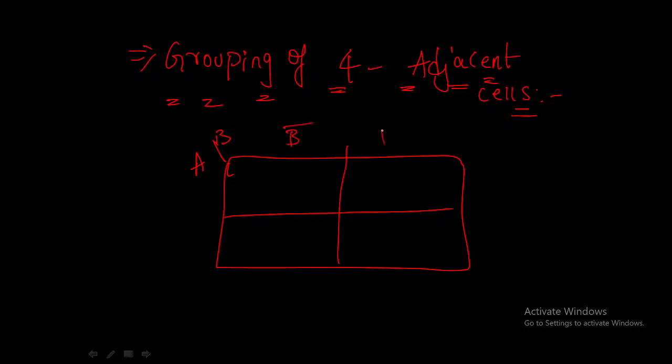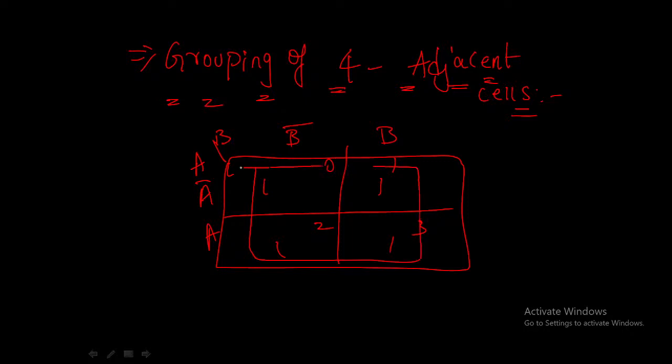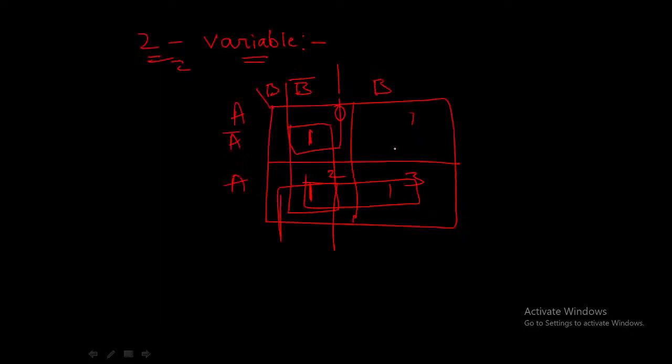B bar B, A bar A, 0, 1, 2, 3. 1, 1, 1, 1. If we have minterms like this, these 4 minterms can be grouped. This is nothing but grouping of 4 adjacent cells. So this is how we can group 4 adjacent cells and 2 adjacent cells in a K map.